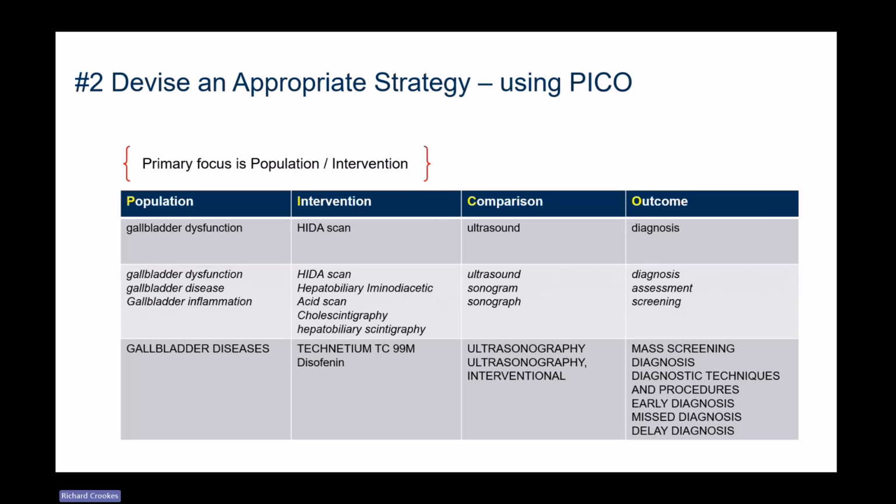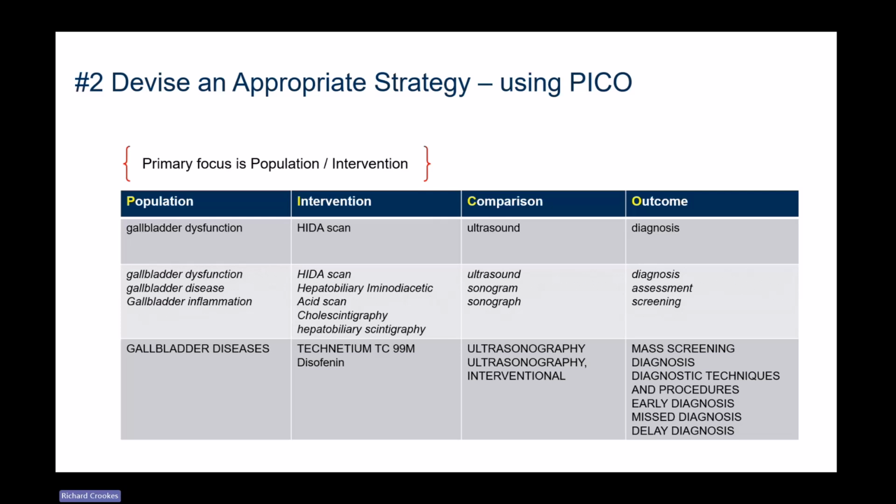These are the synonyms. These are the terms that we could be using. Basically, we're trying to identify what healthcare professionals, researchers, authors use to identify this particular condition. Intervention, of course, HIDA scan itself, and then the full name, as it were, cholescintigraphy and other elements there which would relate to this intervention.